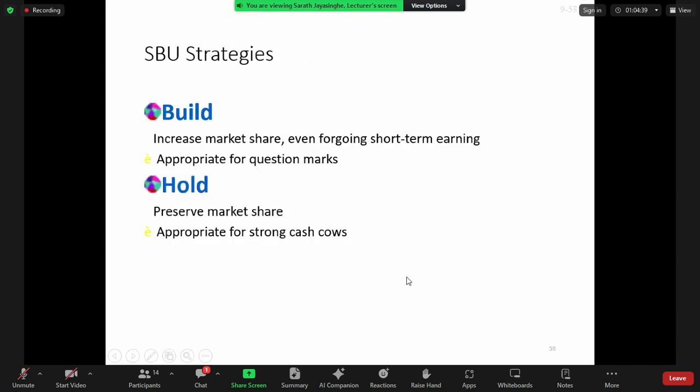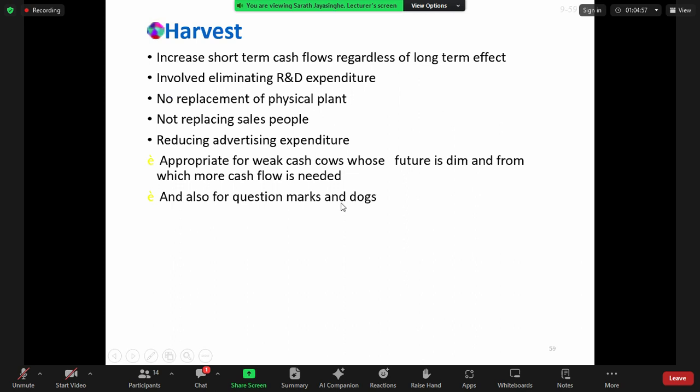And then there are some SBU strategies normally recommended. Build means increase market share, even foregoing short-term earnings, appropriate for question marks, right? Hold means preserve market share, appropriate for cash cows.